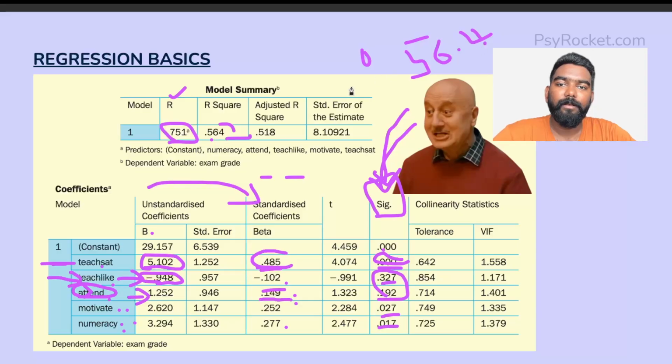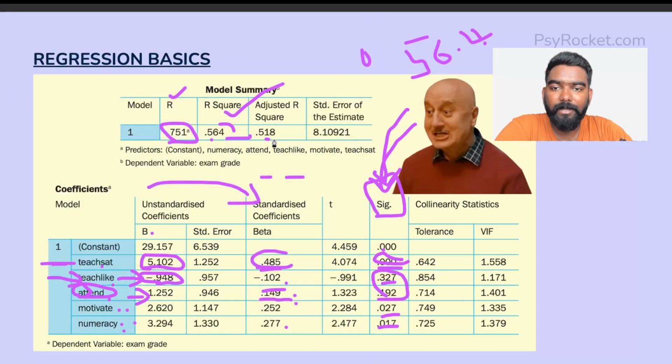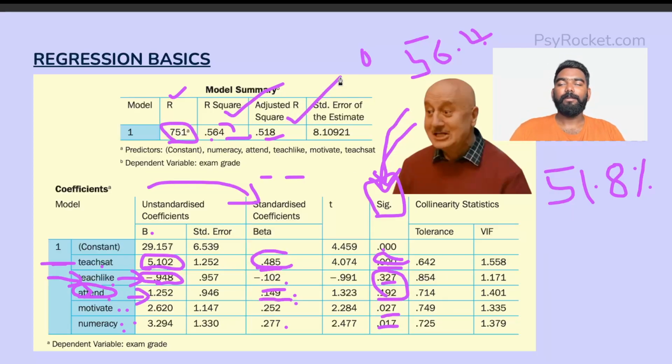But still this is not much more useful when you are using multiple regression, because with multiple predictors, the variance explained is sometimes overestimated, and that is why we use adjusted R square, which is 0.518. This means 51.8% of the variance within exam grades is explained by all the predictors that we have mentioned. Okay, so that is what regression is all about. That is how regression is useful.